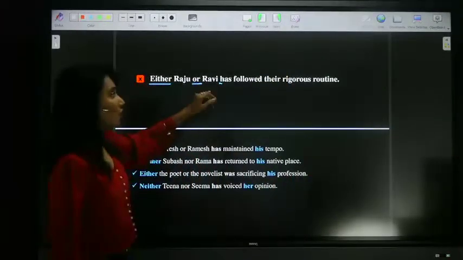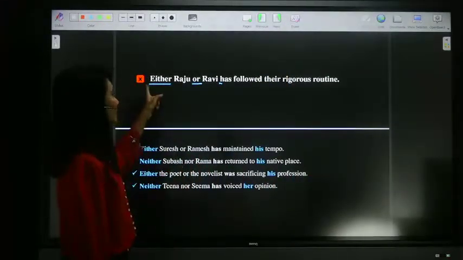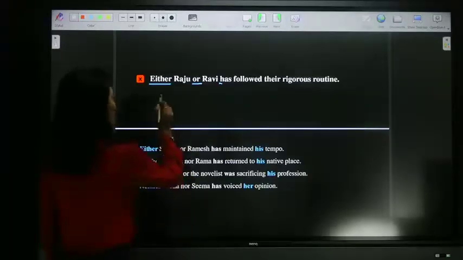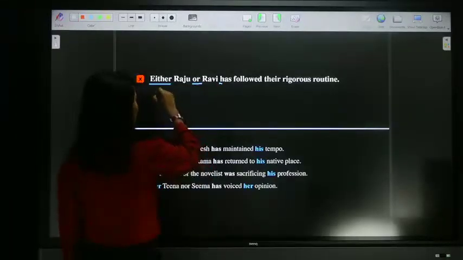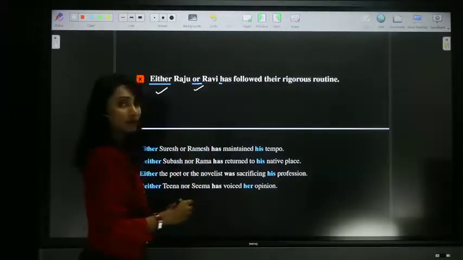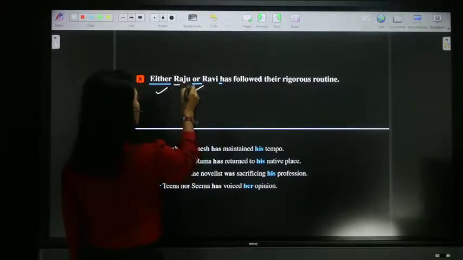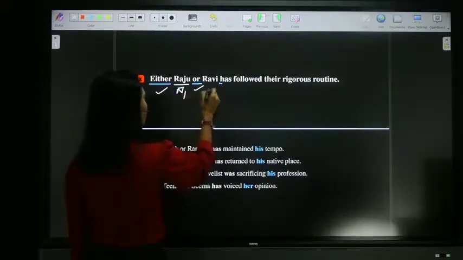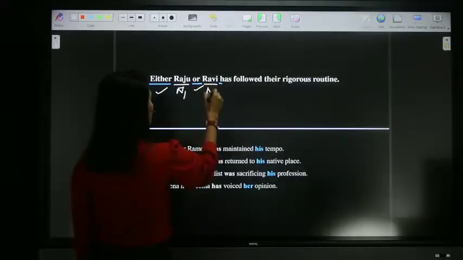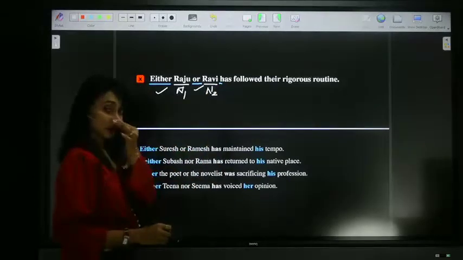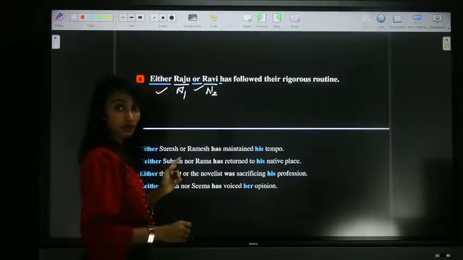Either Raju or Ravi. So either or pair. Pair is correct. Okay. Followed by same parts of speech. Either followed by Raju. Raju is a noun. Here this is noun 1. Ravi is also a noun. Noun 2. Okay. Followed by same parts of speech. Correct.